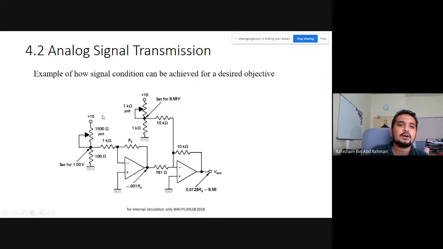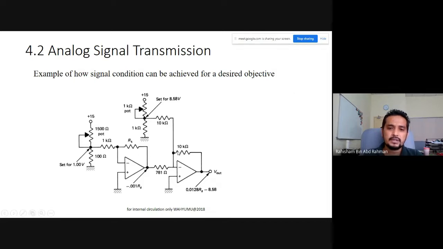Okay, look here, analog signal transmission. We've learned several combination circuits, several types of circuit, and now this is an example of how signal conditioning can be achieved for a desired objective. Macam saya kata tadi, combination of 3 electronic circuits to obtain the objective.